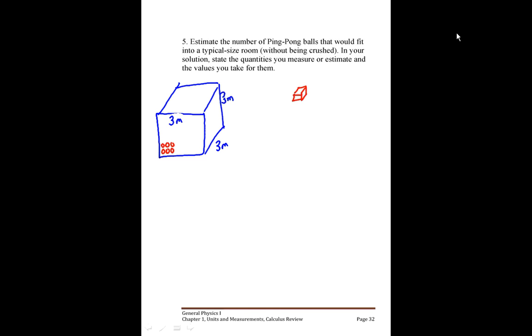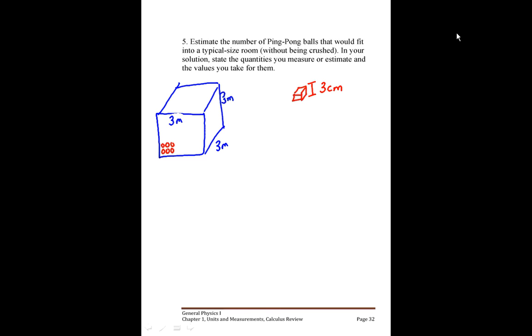So just for our estimate, we'll assume that the ping pong balls are cubes with a length of about 3 centimeters.